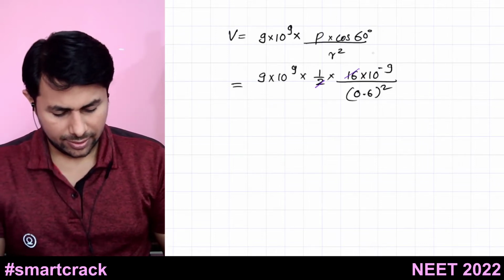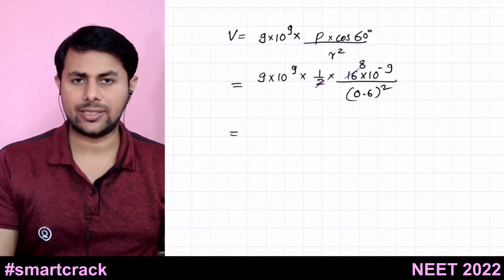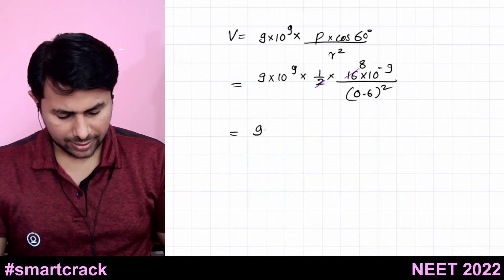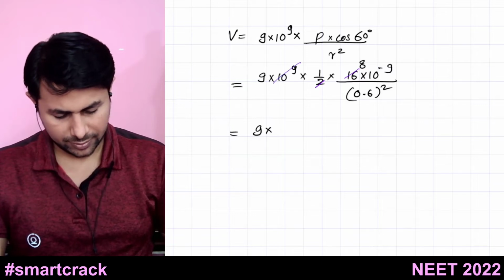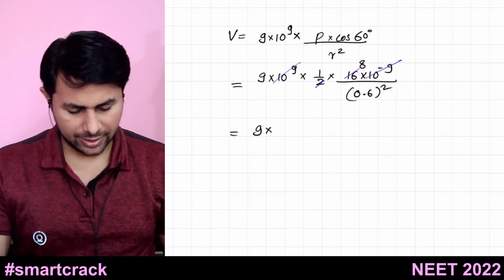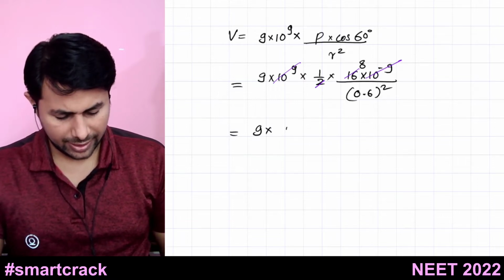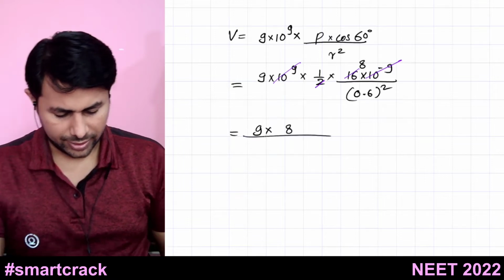Eight 2s are 16, and then we have 0.6 square. So it is 9 into 10 raised to 9, and one good thing is this 10 raised to 9 minus 9 gets cancelled out. So we have 9 multiplied by 8. Okay, this has got simplified.